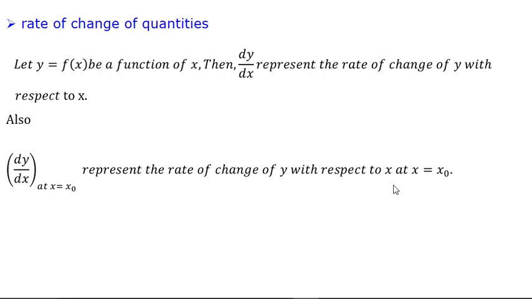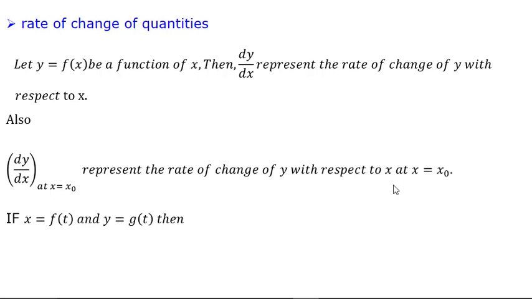And this rate of change, if it is different at different values of x, then for different values, like when x equals x0, we find dy/dx at x equals x0. So in dy/dx, we put x0 in place of x, and that gives me the rate of change of y with respect to x when x equals x0.